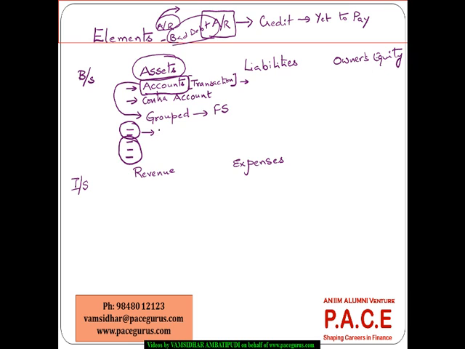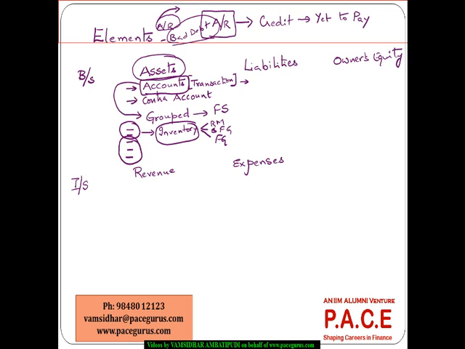So probably there could be a group called inventory, but under this inventory, there could be various accounts. There could be a raw materials account. There could be a semi-finished goods account. There could be a finished goods account. There could be various accounts contributing to the inventory. But all these accounts are grouped together to form the inventory account in the balance sheet.